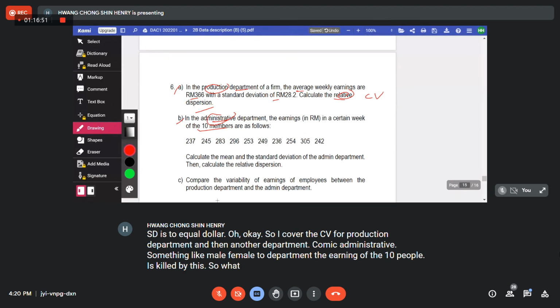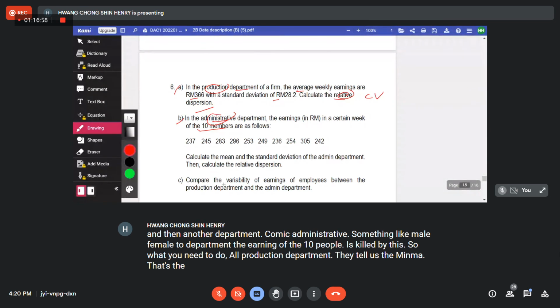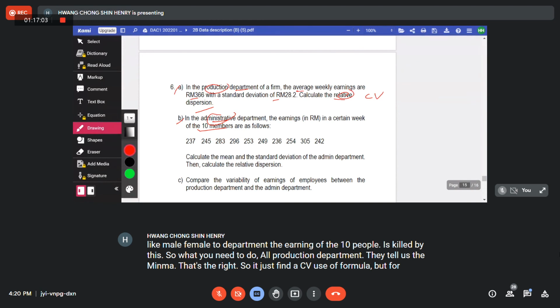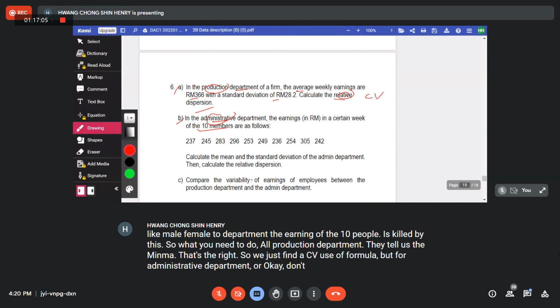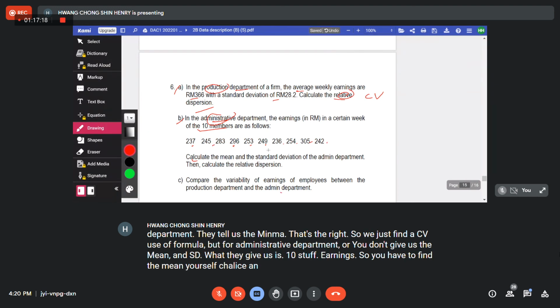So what do you need to do? For the production department, they tell us the mean and standard deviation, right? So you just find the CV using the formula. But for the administrative department, they don't give us the mean and standard deviation. What they give us is the earnings of 10 staff. So you have to find the mean yourself, and the standard deviation also. So this is what?